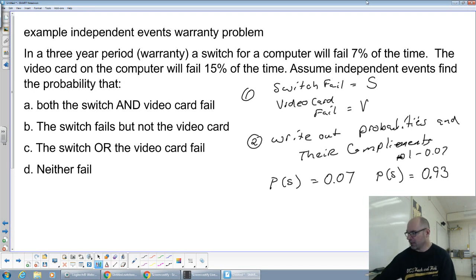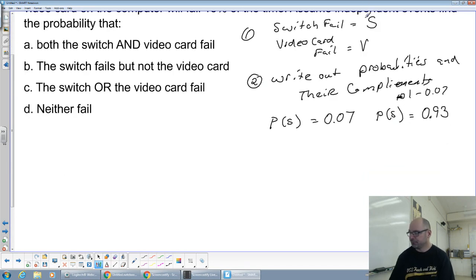Okay, we do the same thing for the video card. Probability that the video card fails is 15%. So the probability that the video card does not fail is going to be 1 minus 15, which is 85% or 0.85. 1 minus 0.15.